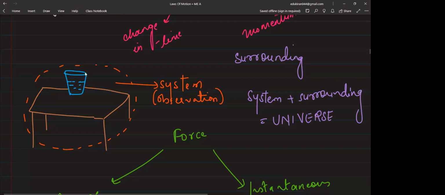Now, if I say normal reaction is there because this is in contact with the table, so there's a normal reaction upwards and there's a downward gravitational force. And now there's one more concept.